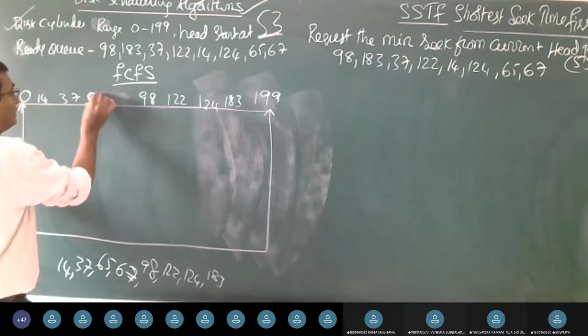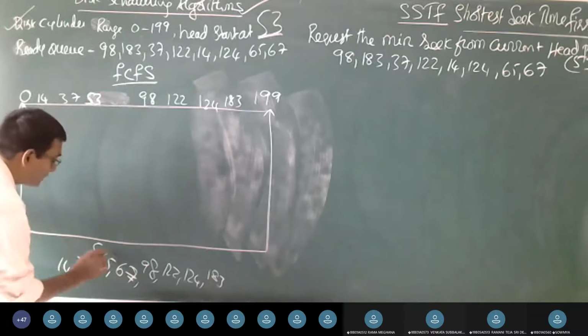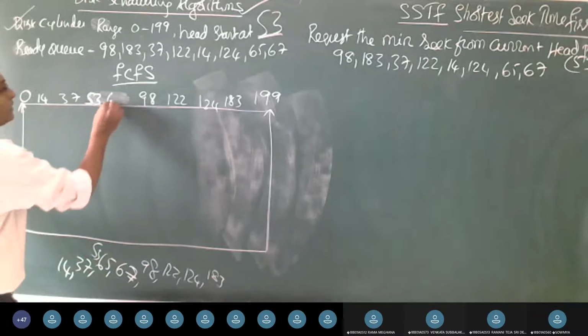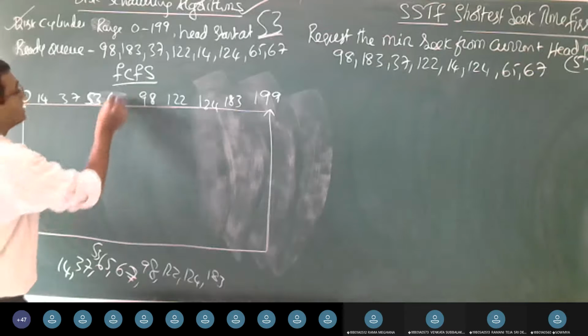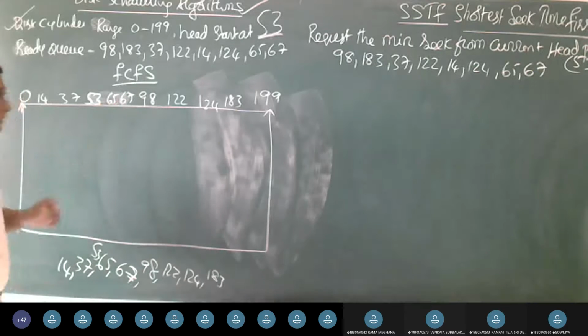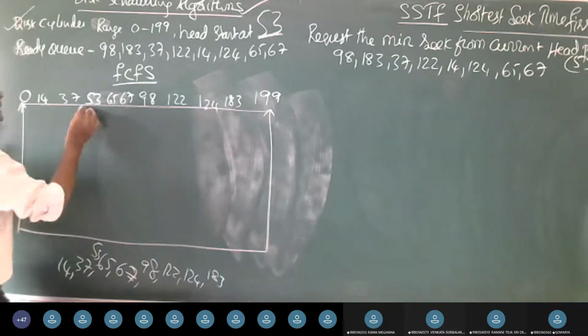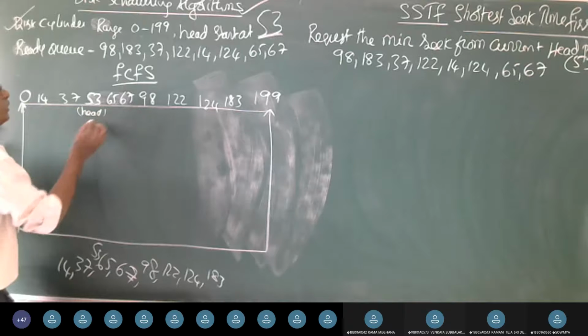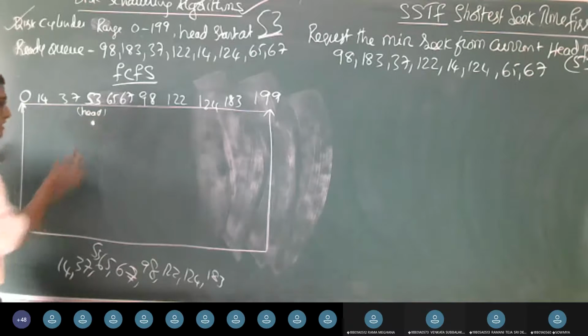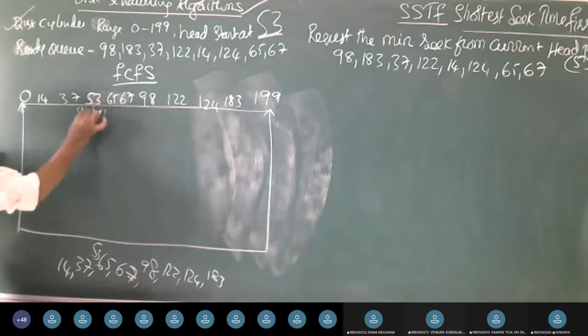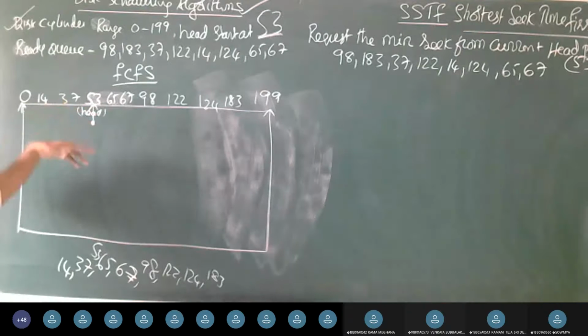So we do have 53 here, followed by 65, 67. Now the head position is going to be located at this position called 53, right? Presently the head position was at 53.